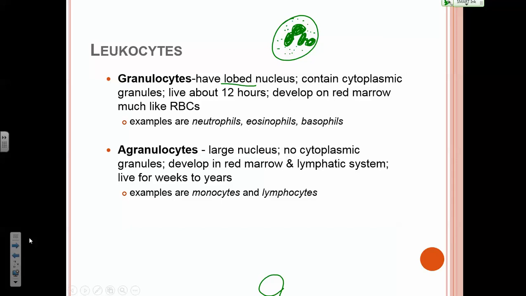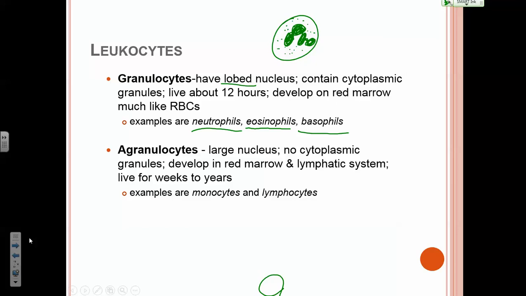One of them has neutral granules, neutral pH, so it stains a particular way. They're called neutrophils. One has acidic granules. You don't have to know which are neutral or acidic or basic, but the eosinophils their granules are acidic and they stain more pink and red. And then the basophils have basic granules which stain a dark bluish black color.